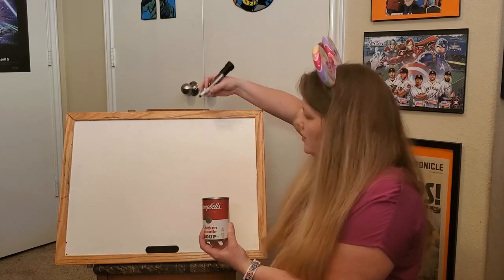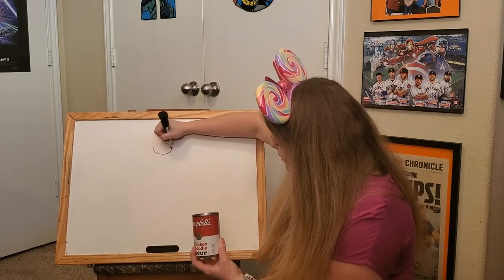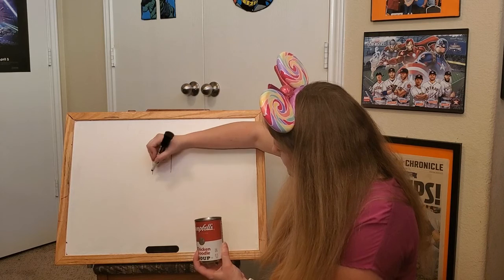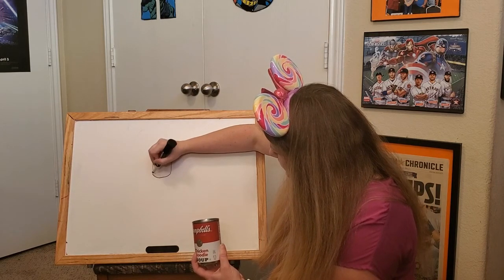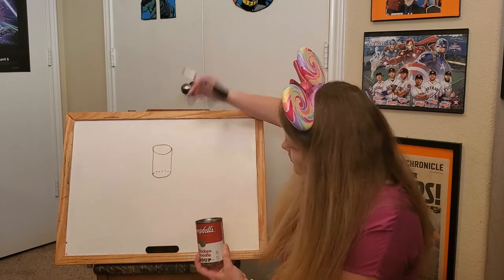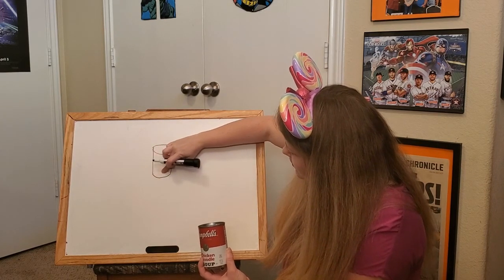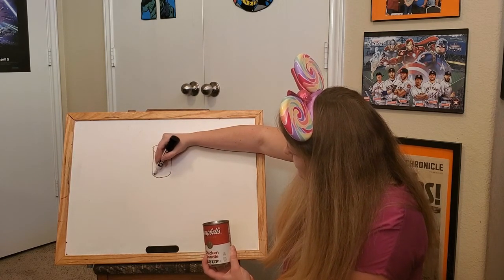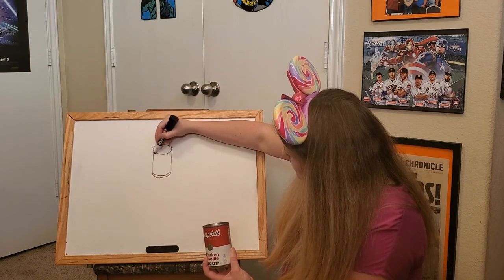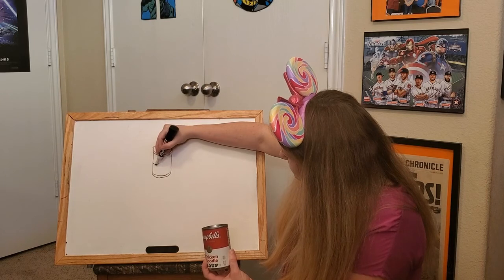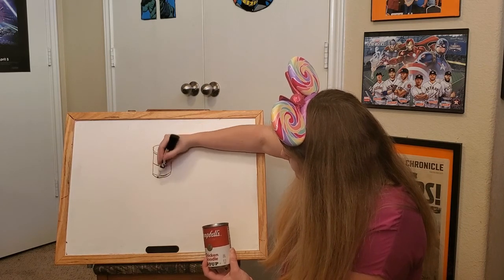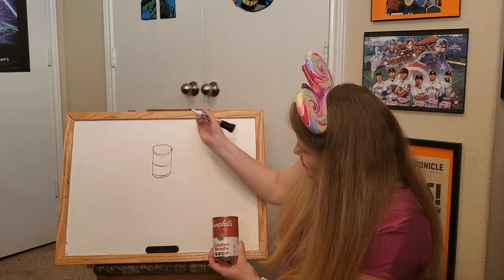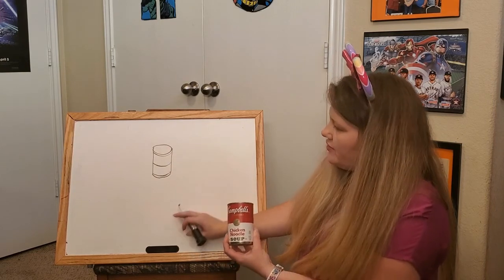So when we draw a cylinder, we're usually going to draw an oval at the top and the sides, and then at the bottom it's also an oval. If you want it to be clear, you would see the whole oval, but if you wanted it to be solid, you would not. And then keep in mind that any designs, so like the can label, would also follow that same curve. This curve should match this curve and should match this curve. And so when you're writing, it would even follow that curve.